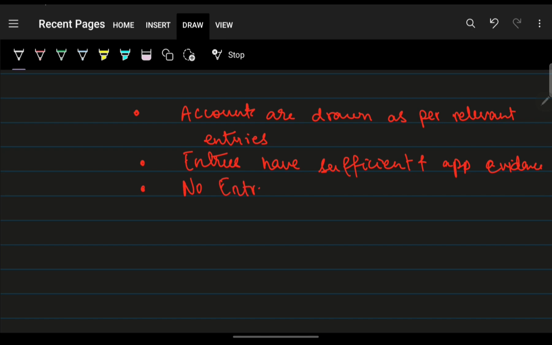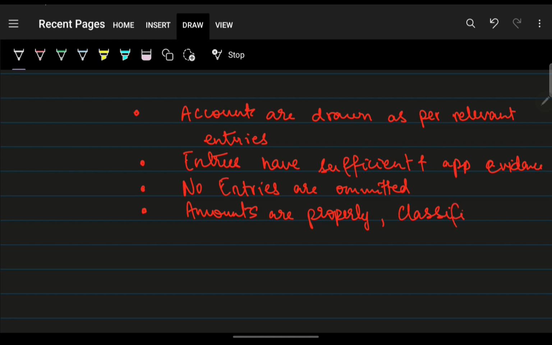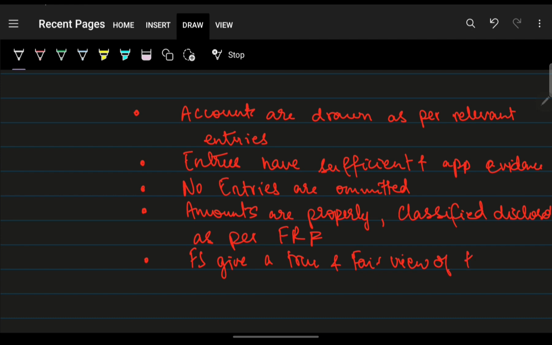Next, the amounts are properly classified and disclosed as per whatever financial reporting framework is being used, and the financial statements give a true and fair view of the entity's operations. I think one is missing over here.